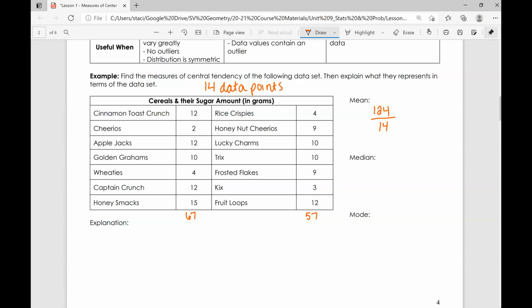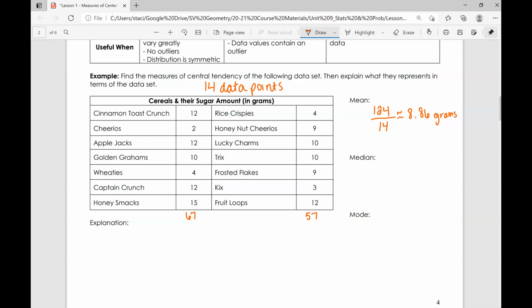And I get that my mean is about, and we'll go to the hundredths place, 8.86 grams. Okay, so then my median. Sometimes the median is best if you put them in order from least to greatest.